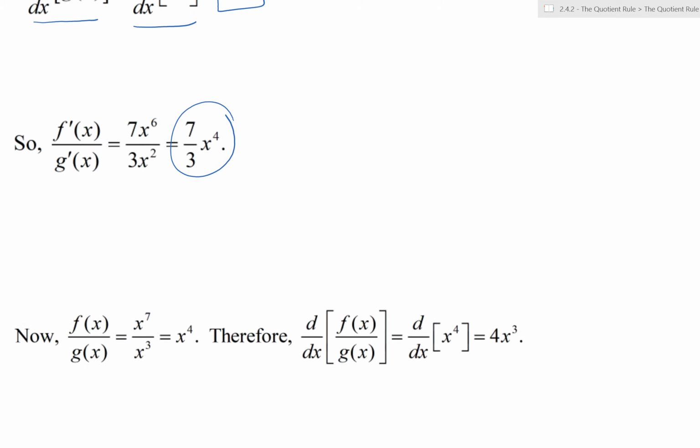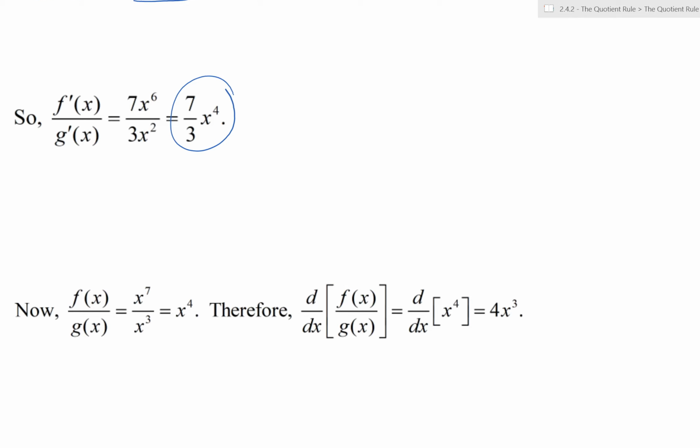But what if we found the quotient of the two functions first? The quotient of the two functions here is x to the 7th divided by x cubed, which is x to the 4th. So if I differentiate the quotient of the two functions, that's the same as differentiating x to the 4th, which gives me 4x cubed.